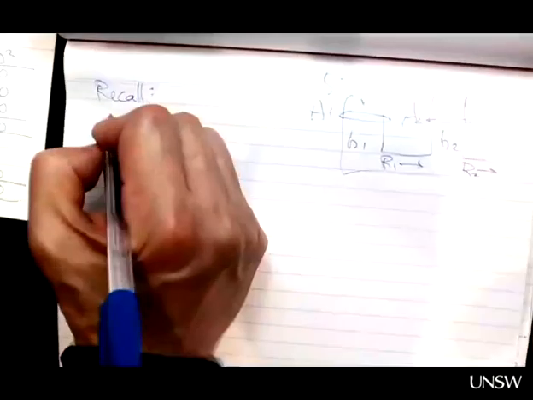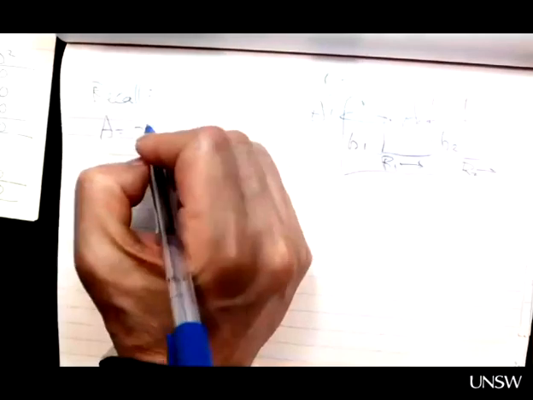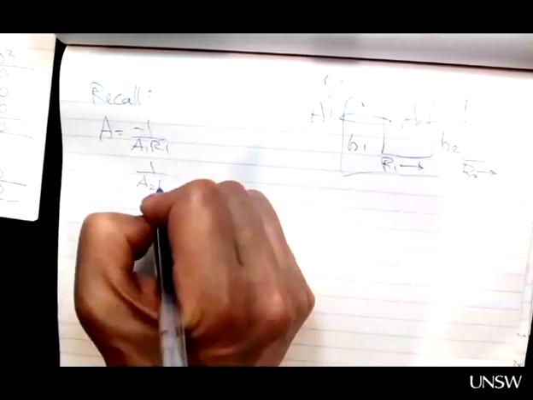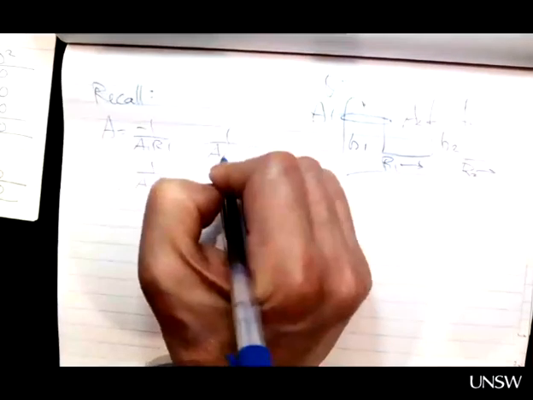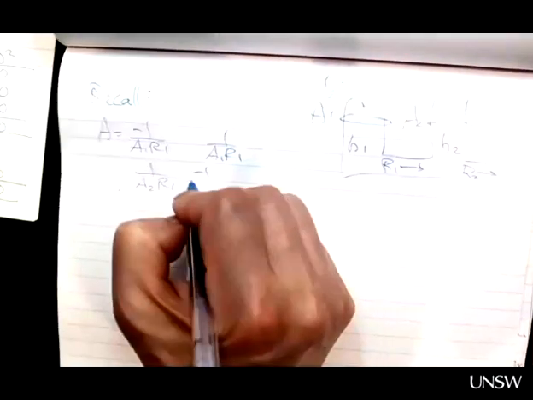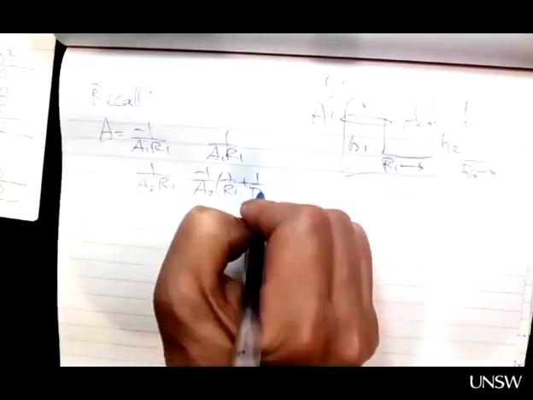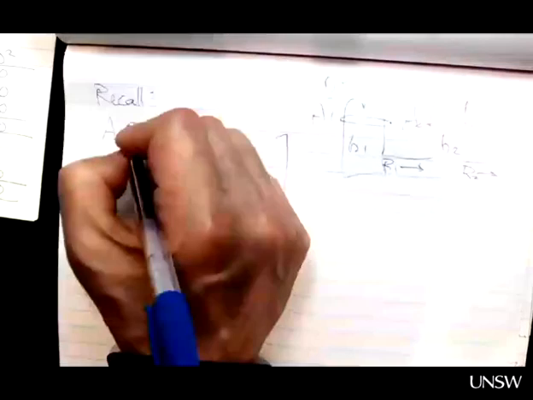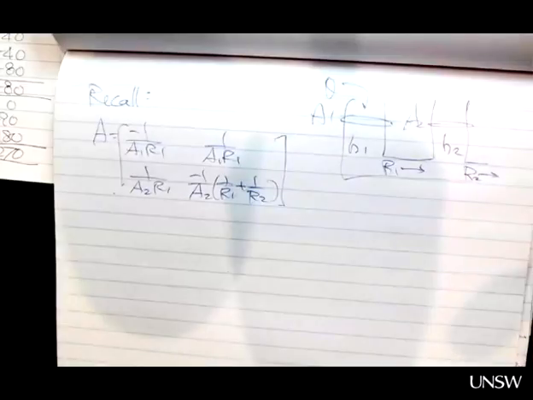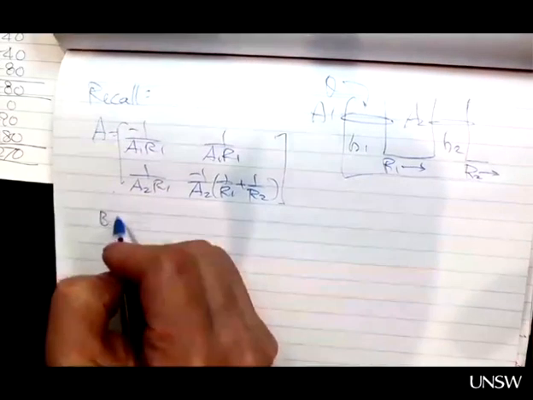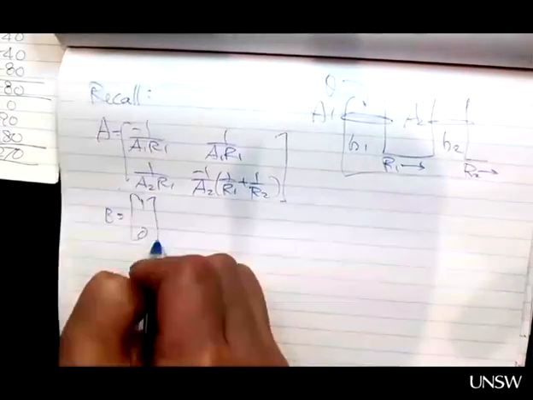The A matrix equals this, and we also found that the B matrix equals 1, 0.